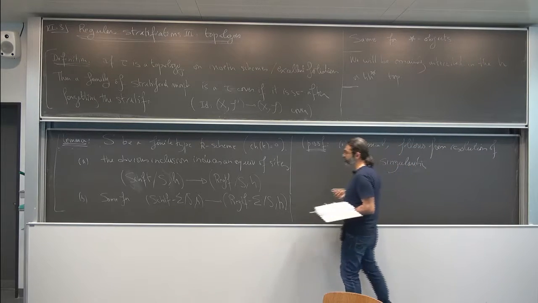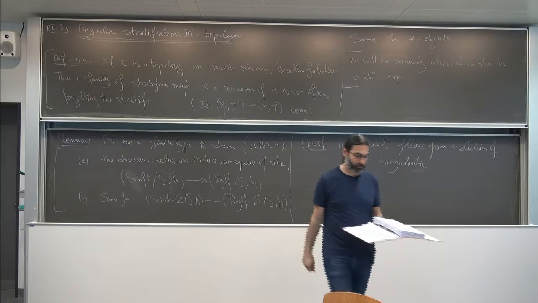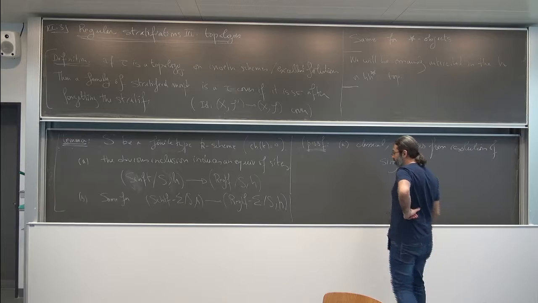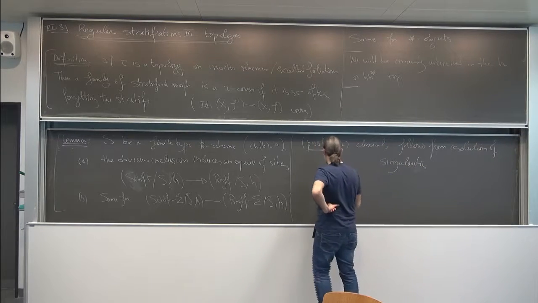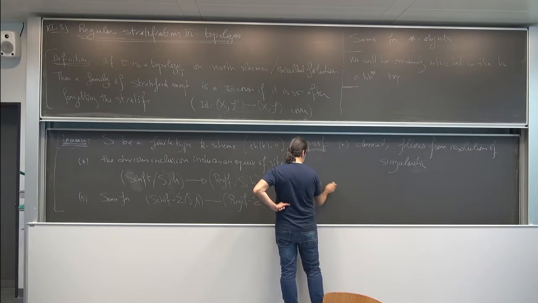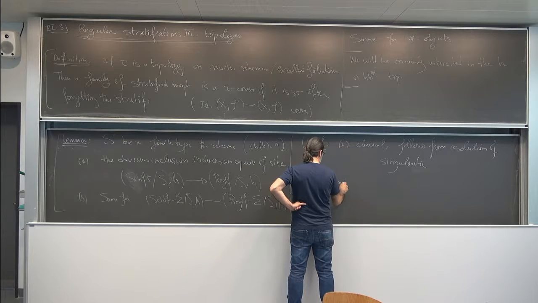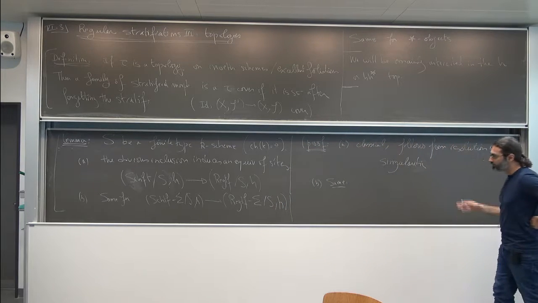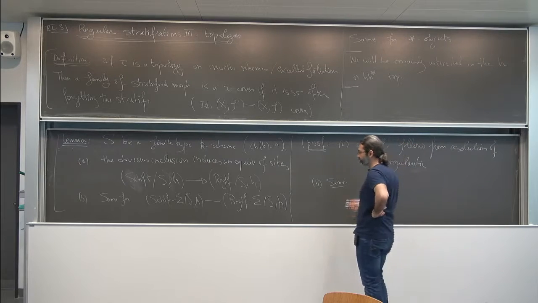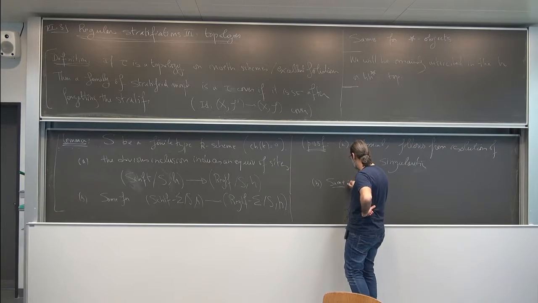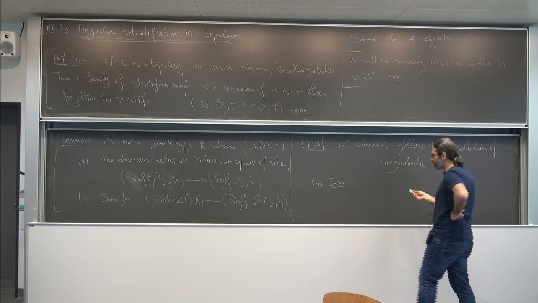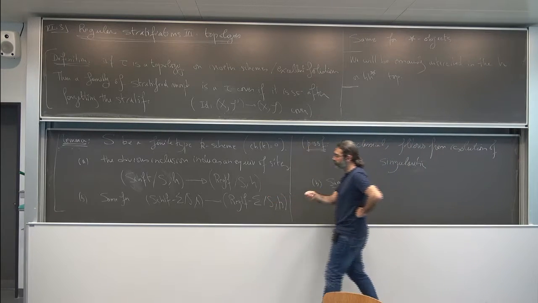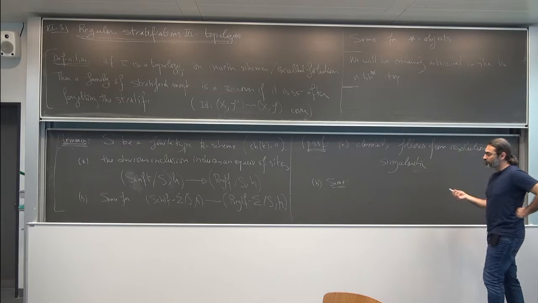Which tells us that any scheme of finite type over the field can be covered for the H topology by something which is smooth. And B is the same. Again, it follows from resolution of singularities. Here we need slightly more. We need to know that we can also refine the stratification so that it becomes regular.